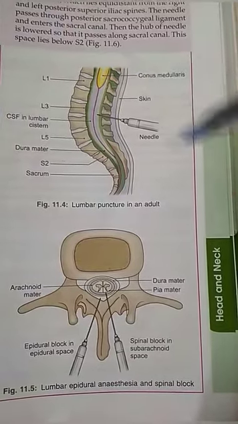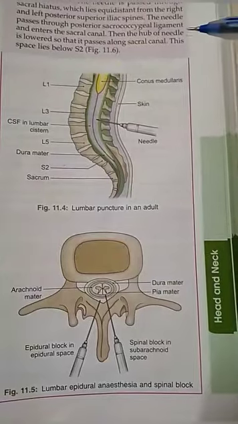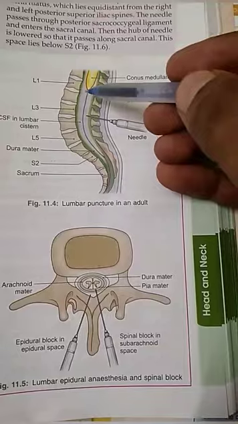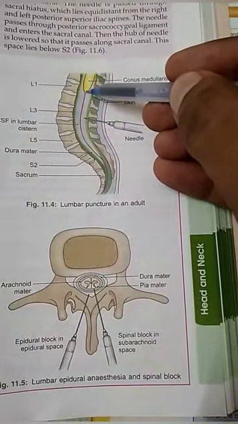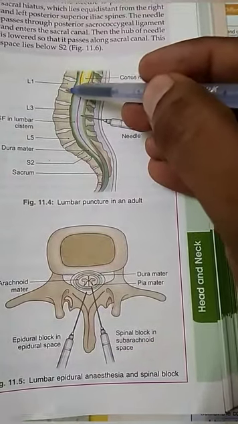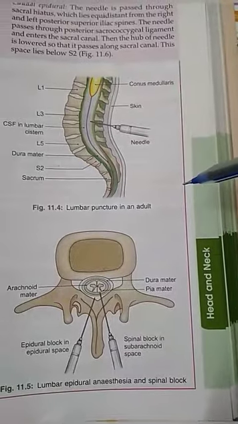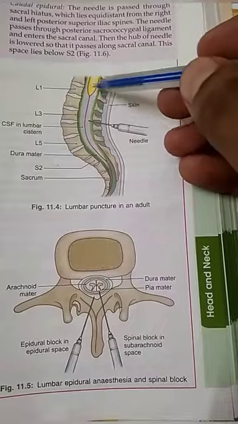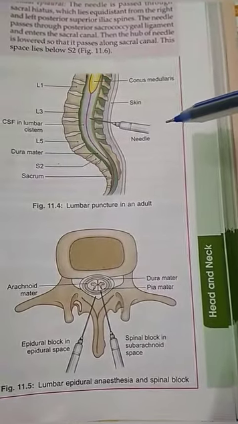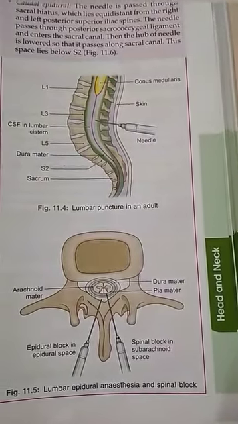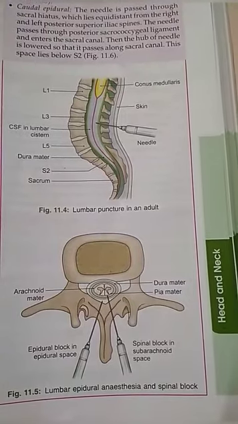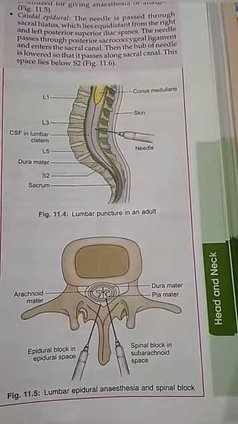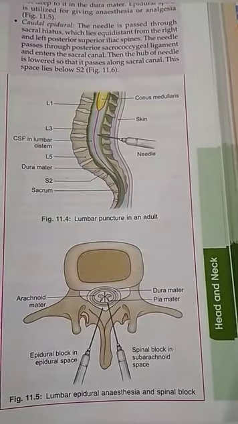In adults, the spinal cord extends from the upper border of the posterior arch of the atlas vertebra to the lower border of L1, or to the level of the intervertebral disc between L1 and L2. So, knowledge of the lower end of the spinal cord is very helpful in performing a lumbar puncture. Lumbar puncture is usually done to withdraw cerebrospinal fluid for various diagnostic as well as therapeutic purposes.